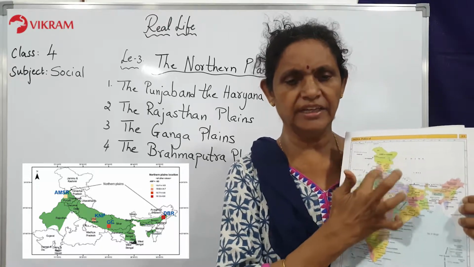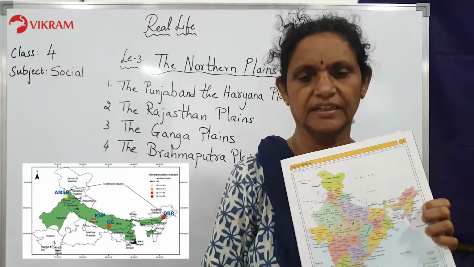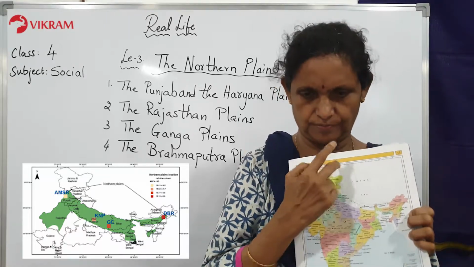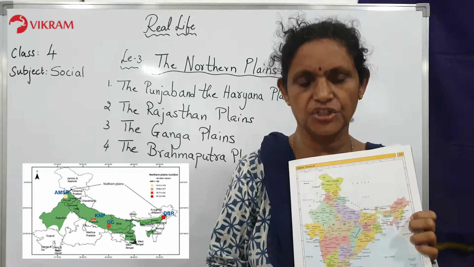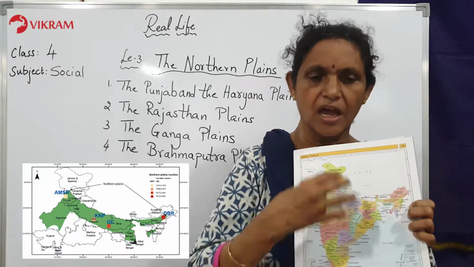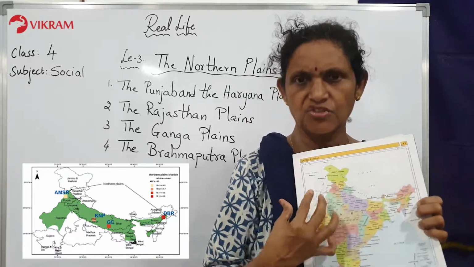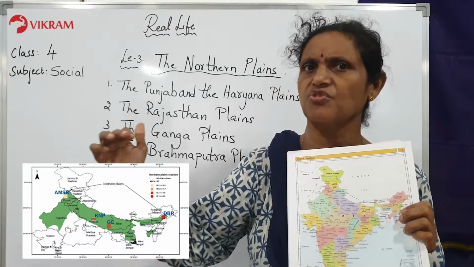This whole area. So children, you can see the different areas. The extent is from Punjab in the west to Assam in the east. Punjab, Haryana, Uttar Pradesh, Uttaranchal, Bihar, Assam and West Bengal are part of these plains. They stretch 3,200 kilometers. Very long distance children.